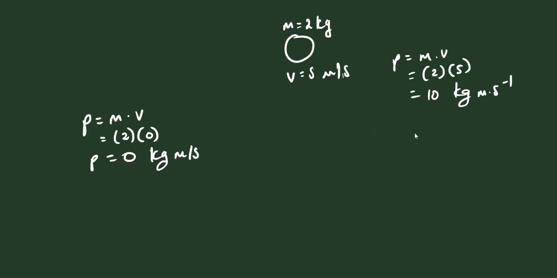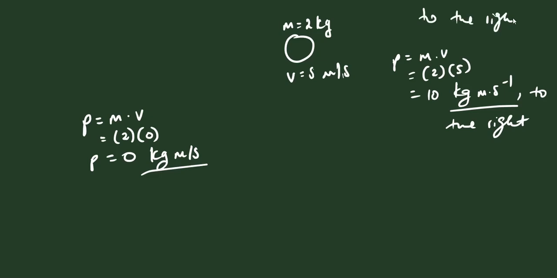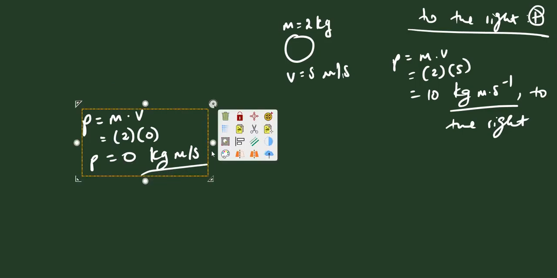Remember that these units are exactly the same. Then number two, remember that you must always indicate direction. So this is to the right. I can say to the right is positive. You must always indicate direction. To the right is positive. So that is what is momentum.